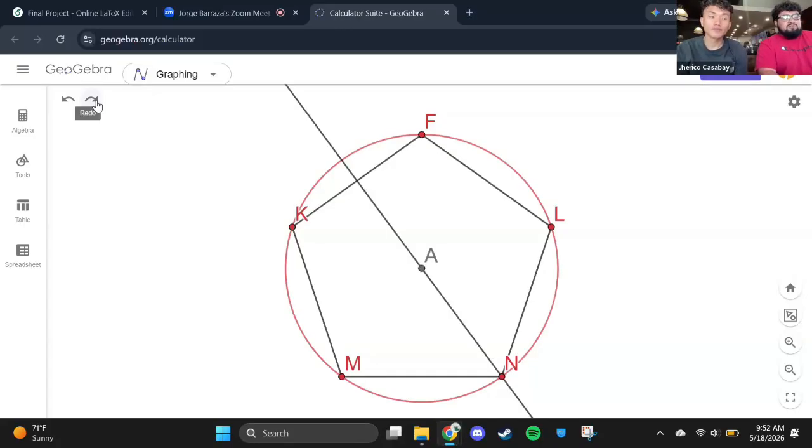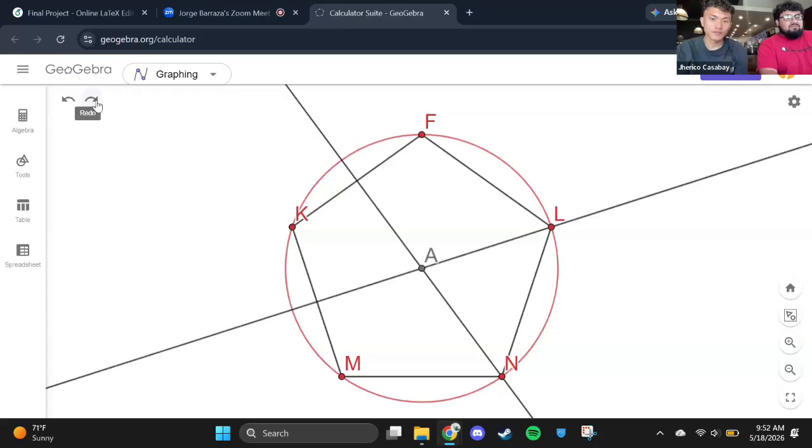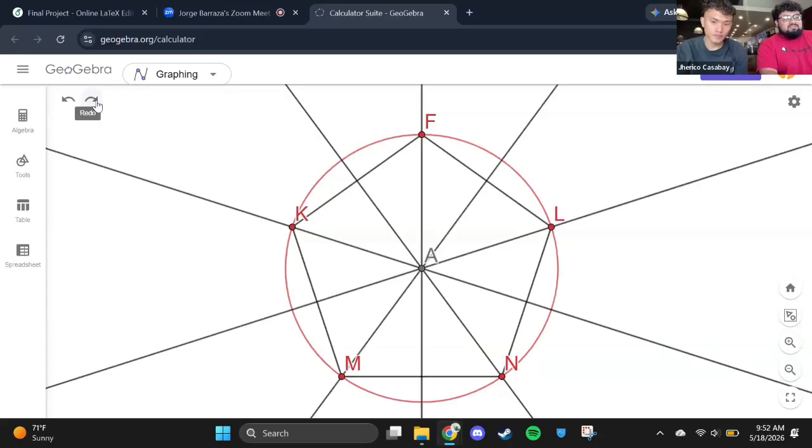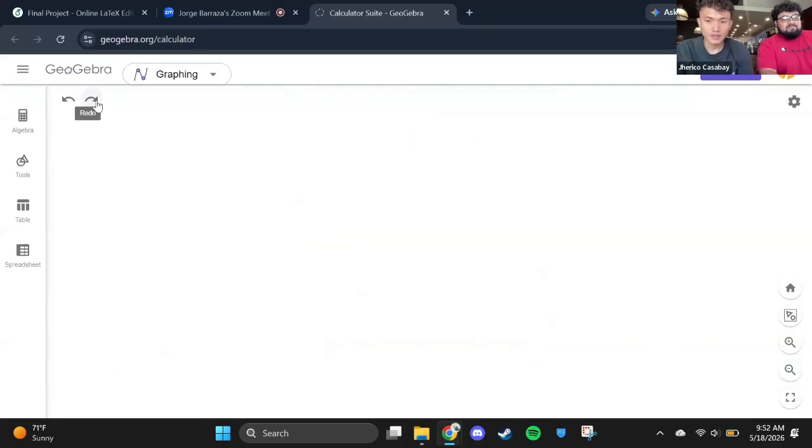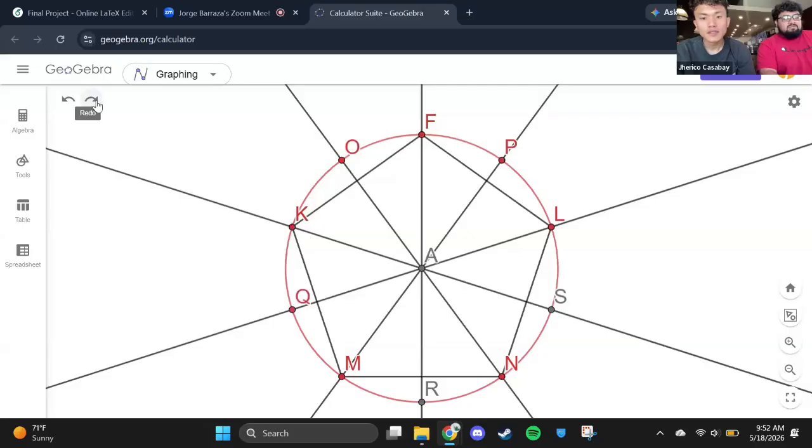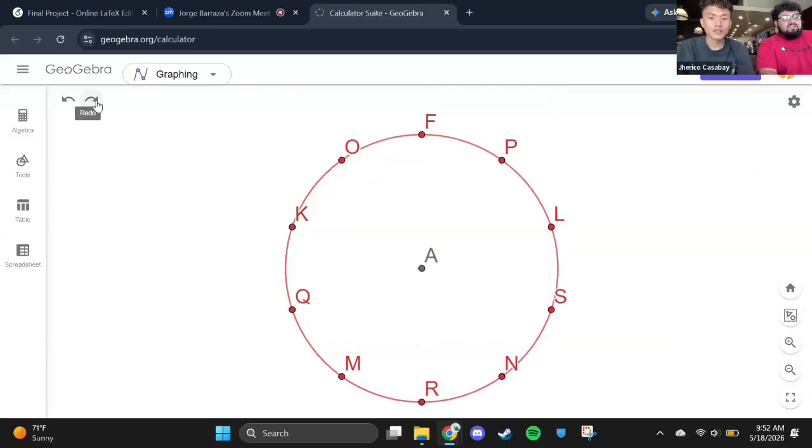First we're going to take this perpendicular bisector, the exact same way we did earlier in the video. Then we take the perpendicular bisector of each line segment, and as we can see, these are the points of intersection. After we take all these points, we can create a regular tangent. This is what our regular tangent will look like.